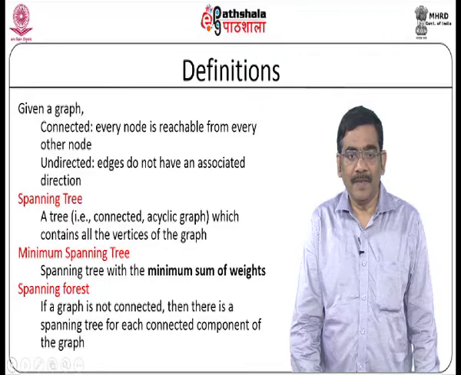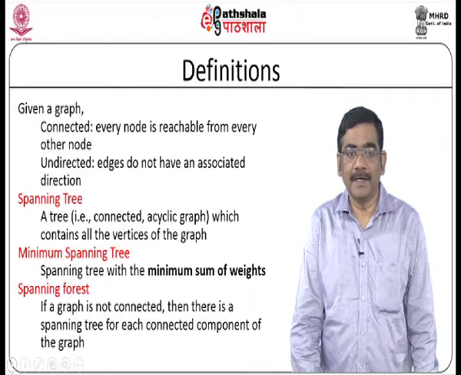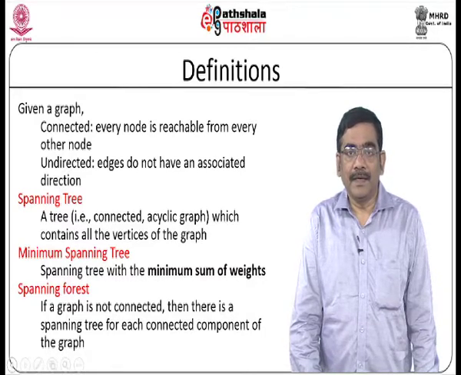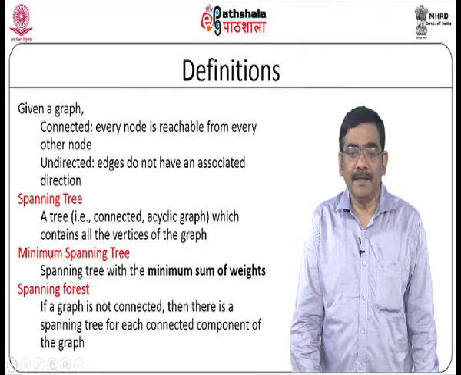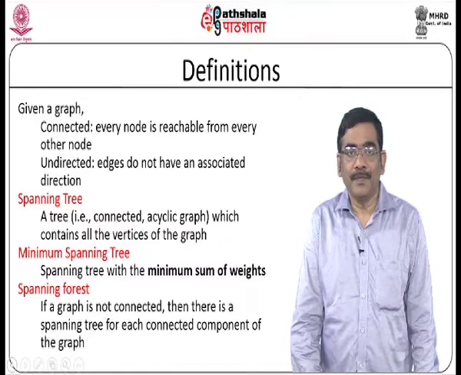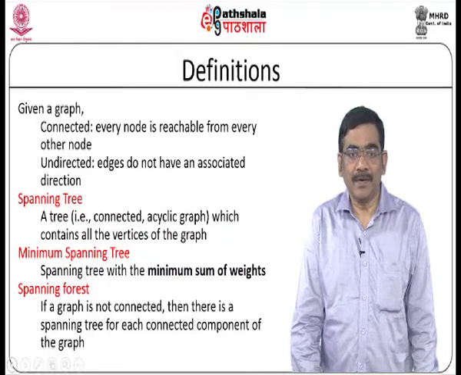Undirected graph means edges do not have any associated direction. Then spanning tree is a tree that is a connected, acyclic graph which contains all the vertices of the given graph.